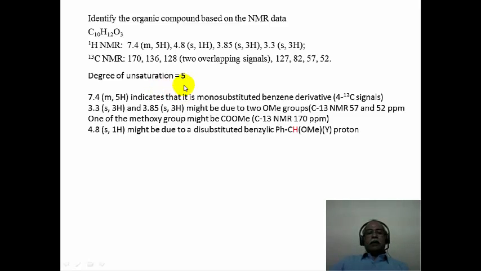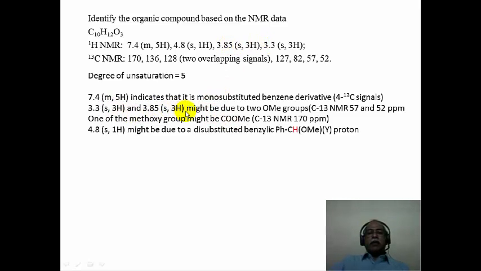Now, let us see, 3.85 and 3.3 are characteristic regions of the methoxy functional group. Since there are 3 oxygens present here, we can account for 2 methoxy groups, because a chemical shift of 3 to 4 is very typical of an OCH3 region.